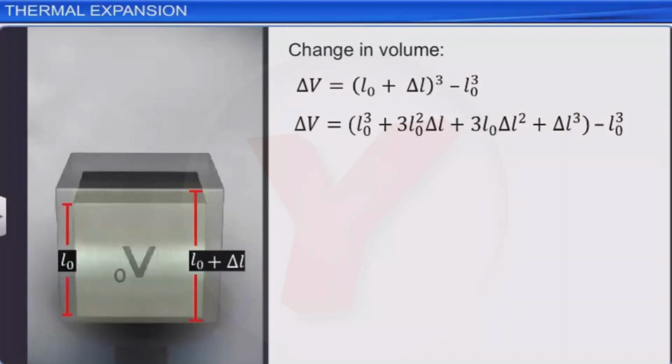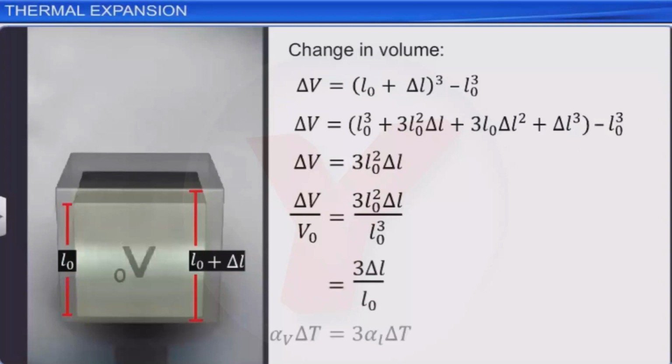Then we get delta V equal to 3 L0 square into delta L. Now, dividing delta V by V0, we get 3 L0 square delta L by L0 cube. On further simplifying, we get alpha V equals 3 alpha L. Let this be equation 2.